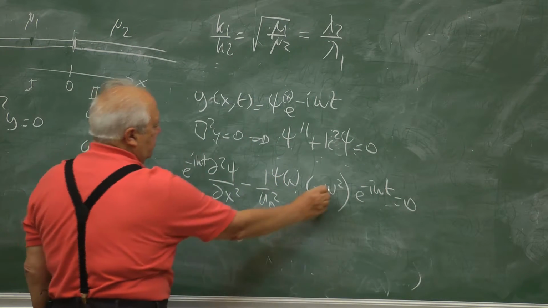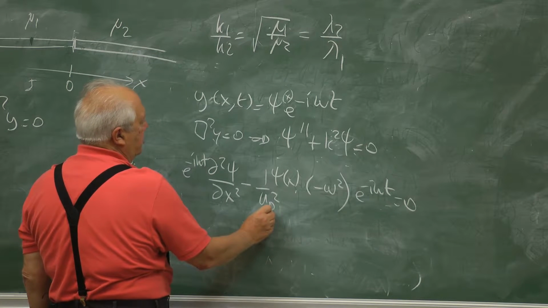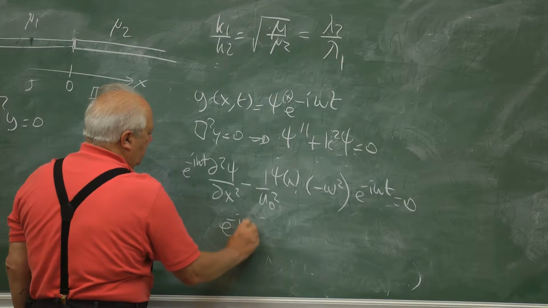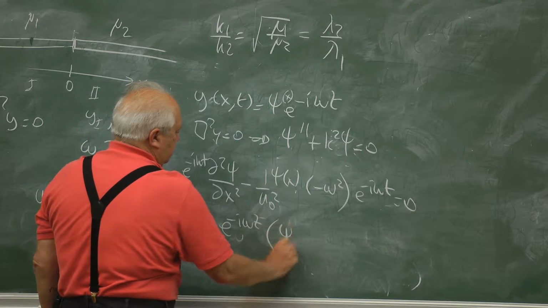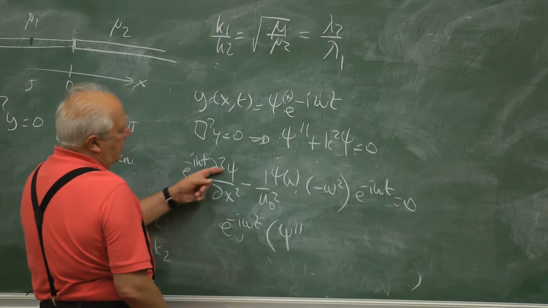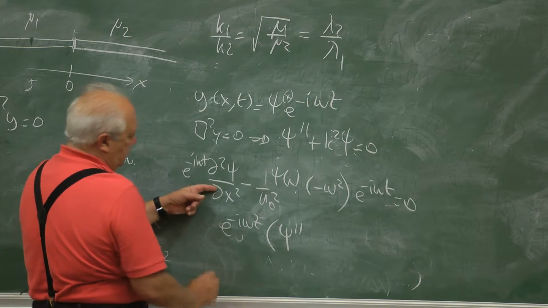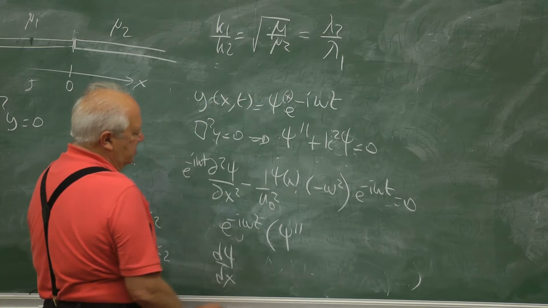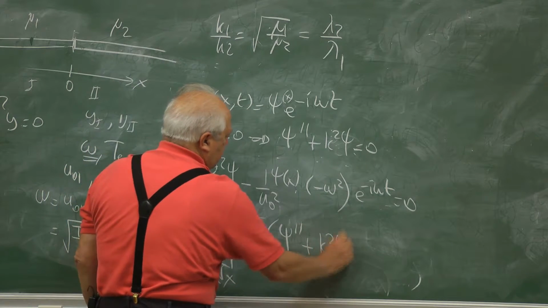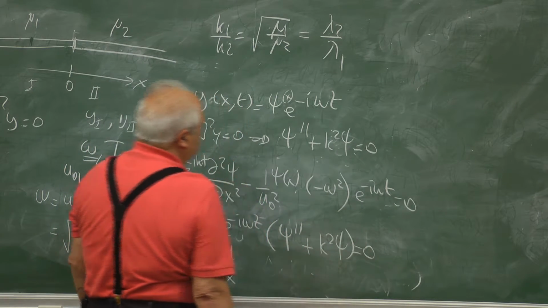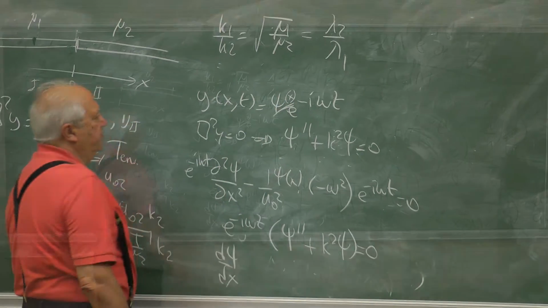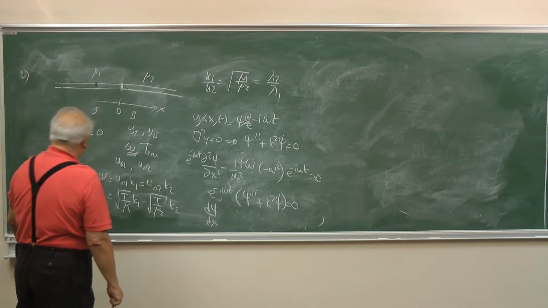Therefore, omega square over u0 square is k square, minus minus is plus. So we have e to the minus i omega t times psi. This is now a total derivative d psi dx because psi depends only on x. So we shall solve really for these psi's.